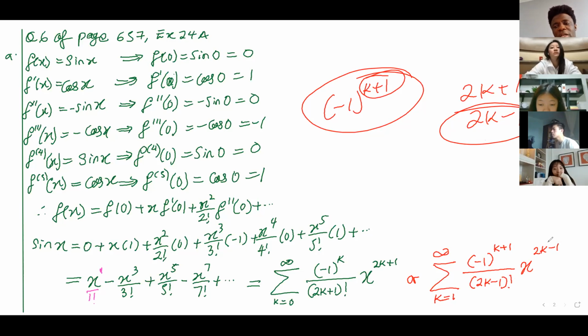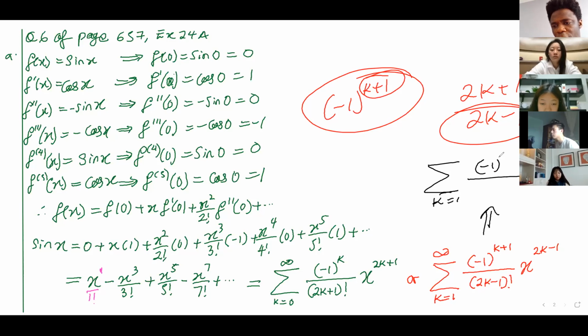Whatever you have here is what you have here. The same result could be, talking about the one in red, k from 1, minus 1 raised to power k minus 1, and you have 2k minus 1 factorial, then x raised to power 2k minus 1. This is up to infinity.